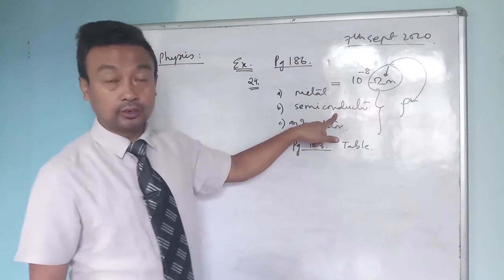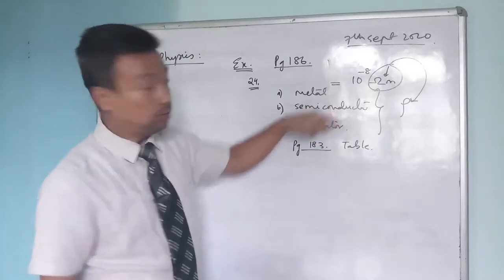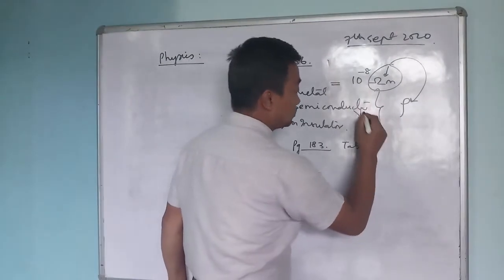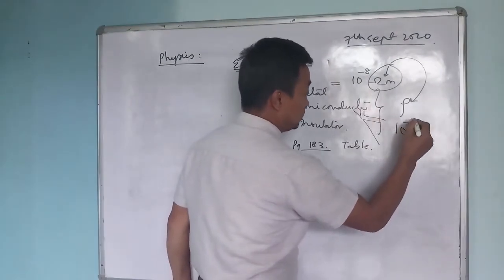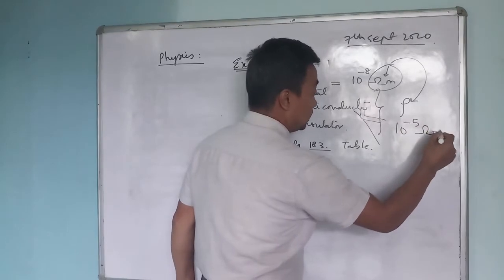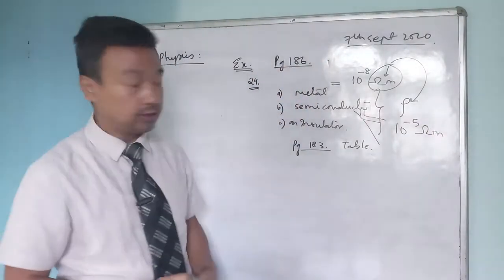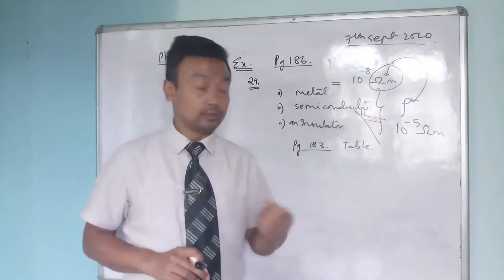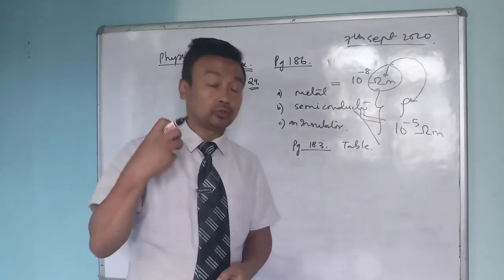For the semiconductor also it is low, but slightly more than the metal. For the semiconductor, the value of the resistivity will be around 10 to the power minus 5. And for the insulator it is very high, because in the insulator the electrons do not move.